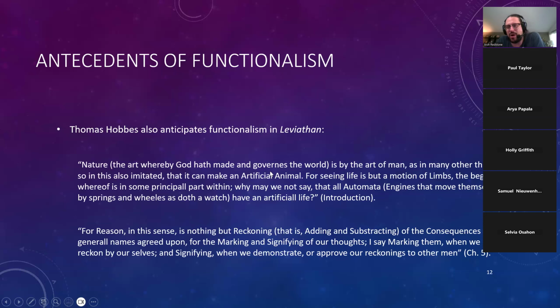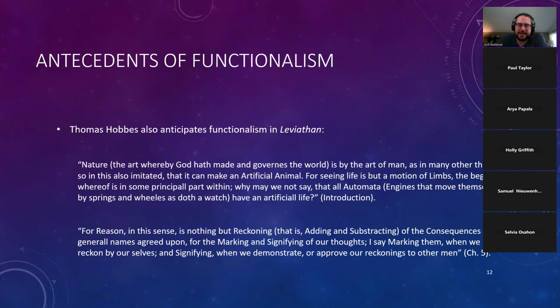And the reason he's doing this, by the way, is because he's going to go on and argue that the state is a giant artificial person. So to explain how the state works, he has to explain how people work. That's why Hobbes does this in the Leviathan. Here he's talking more about what thinking is, and this really precedes computationalism.